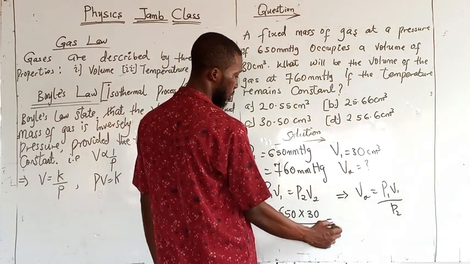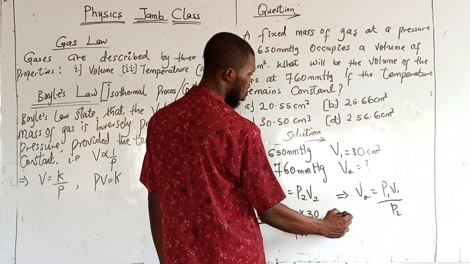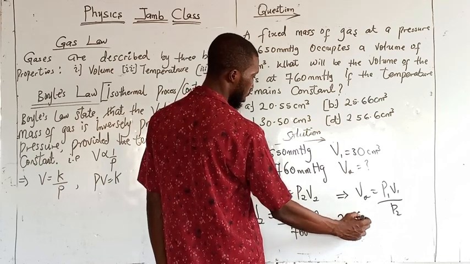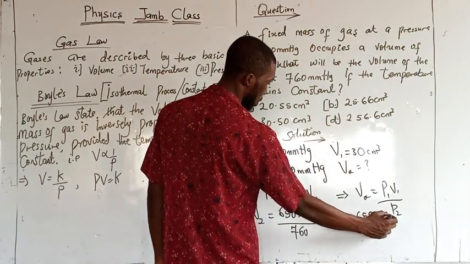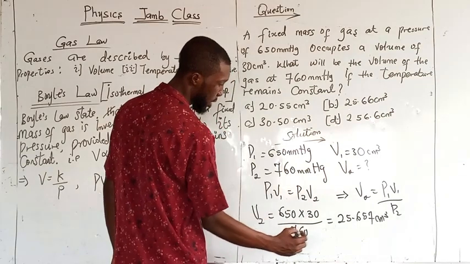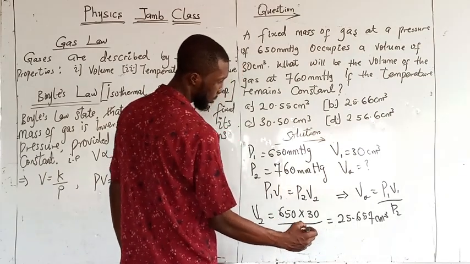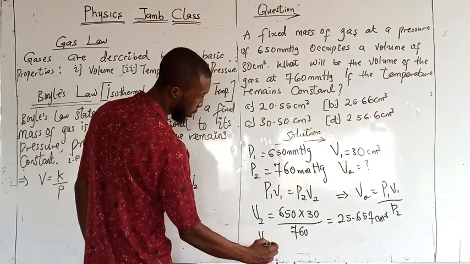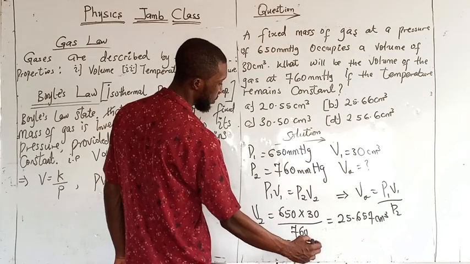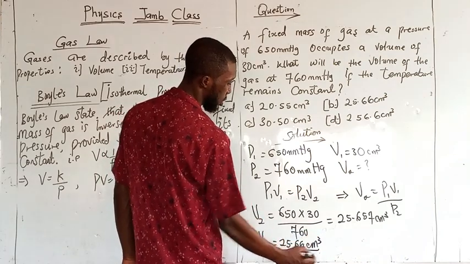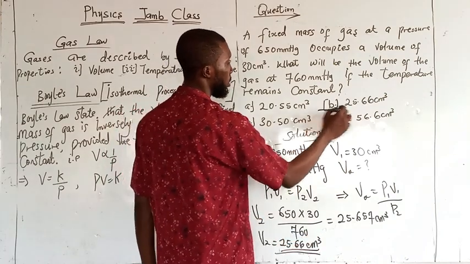When you do this, you're going to have approximately 25.657 centimeter cube. If we evaluate this to two decimal places, our V2 will be equal to 25.66 centimeter cube, which corresponds with option B.